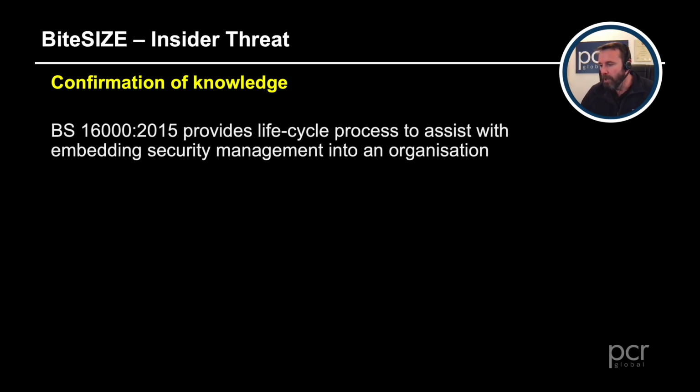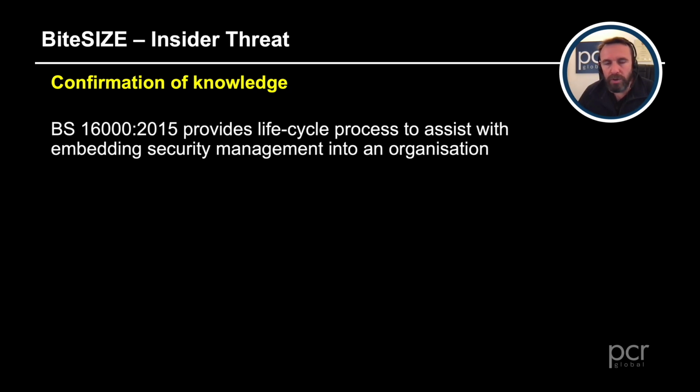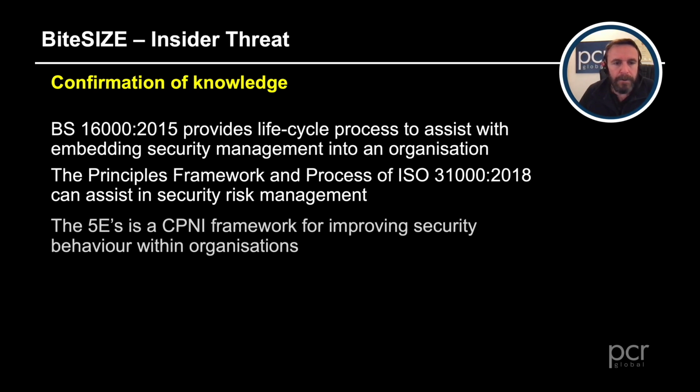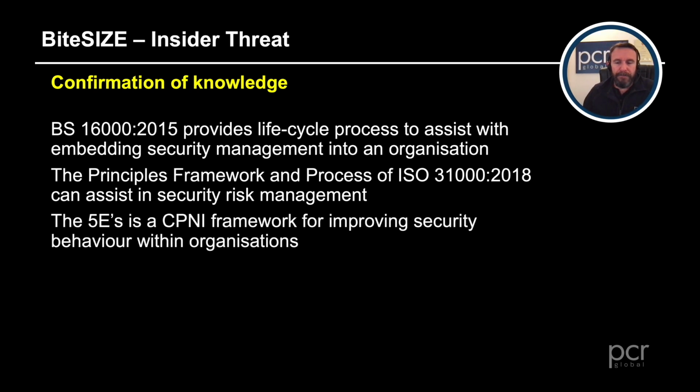I think we're there. Confirmation of knowledge. 16,000 provides a life cycle process. We've seen that. It is a very good document, really worth looking at. 31,000 also can assist in security management, as we've seen. The big 3: principles, framework and processes. And the risk management process, I should say. The 5 E's.